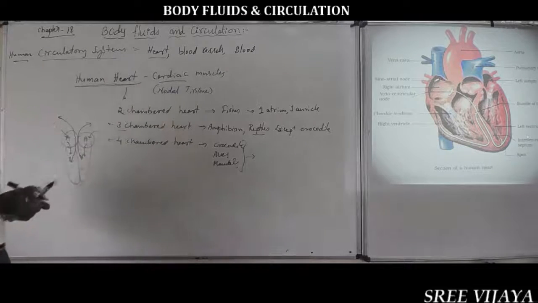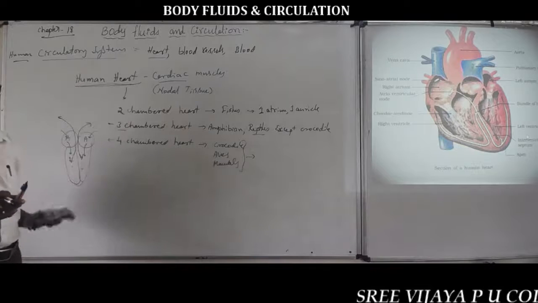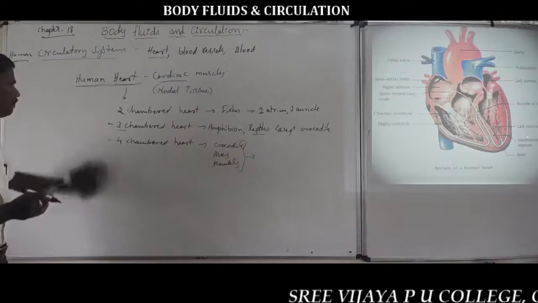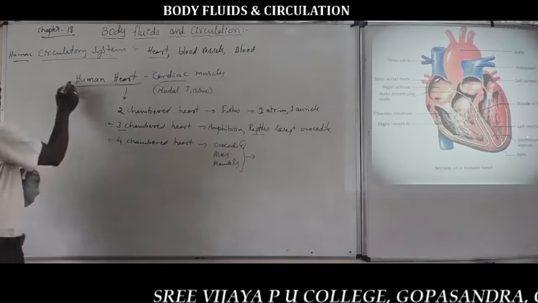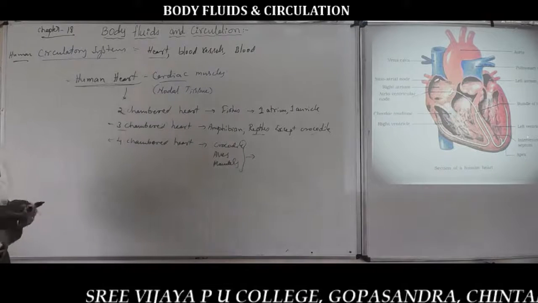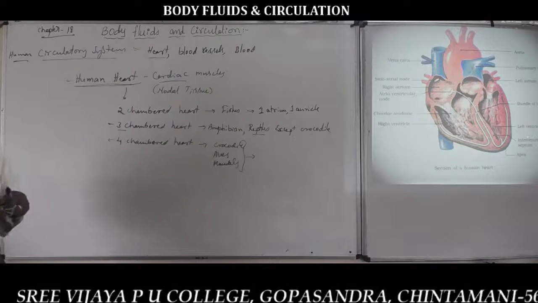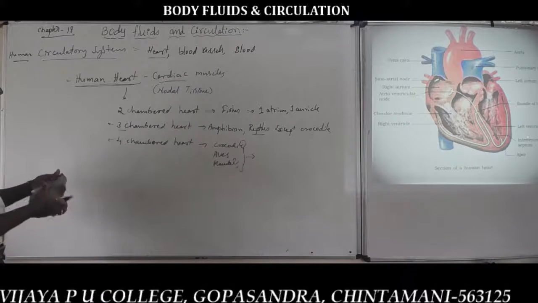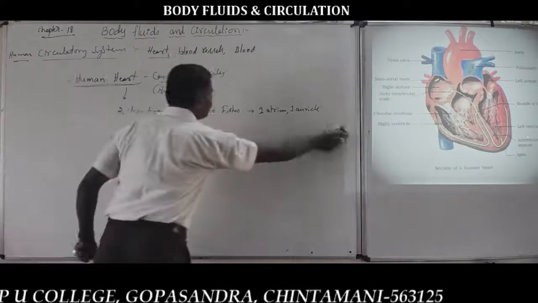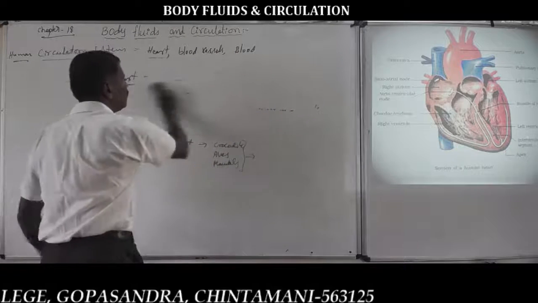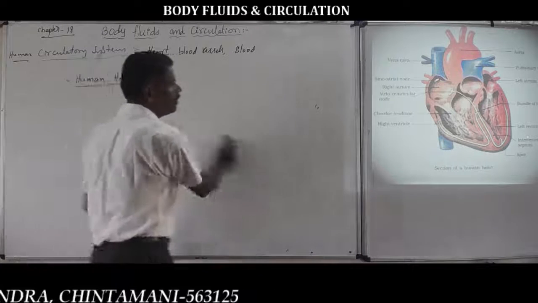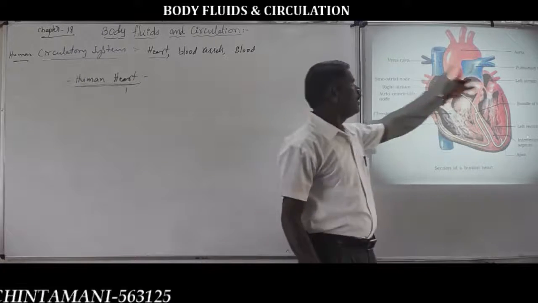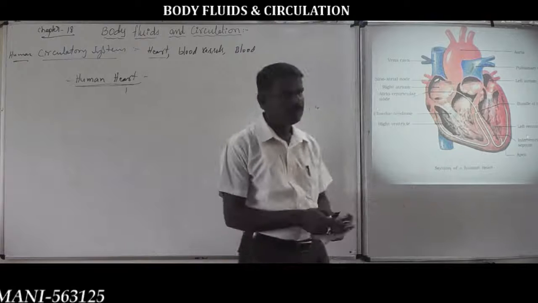So we discussed how it is a four-chambered heart. The example is the human heart. In the human heart, what we discussed is the four-chambered heart. So just see the diagram. In this diagram, it is the four-chambered heart.